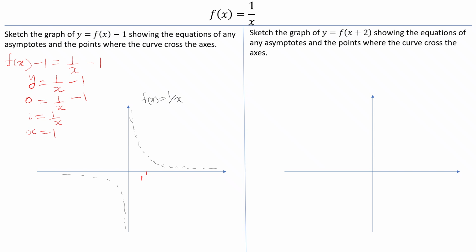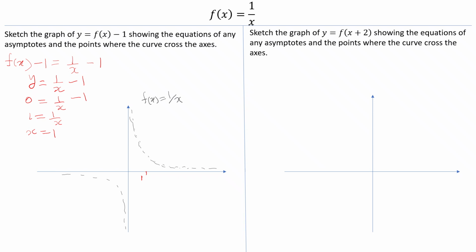So this is the new graph, y equals f(x) minus 1. The constant is outside the bracket, so the graph is going to move vertically, up or down. So the negative 1: this graph moves downward by 1.